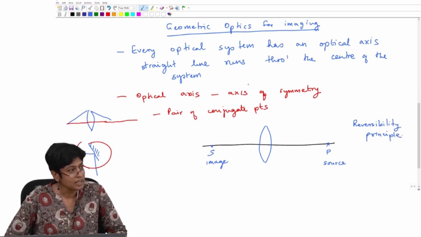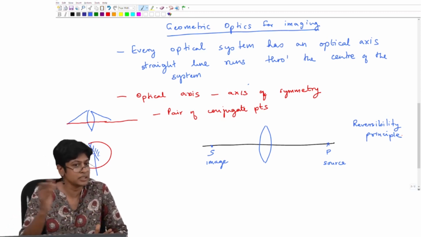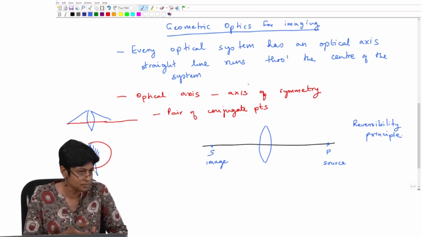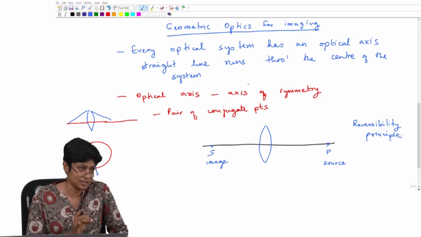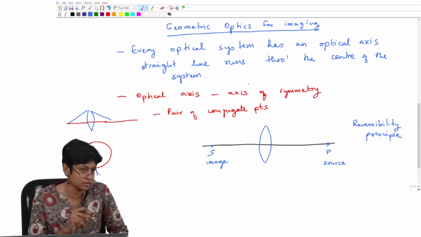Now, while the path is reversible, that means source is at S, image is at P, or source is at P, image is at S, the quality of that image need not be exactly the same. The locations will be the same, but you could design the optics such that it gives you a better image when light travels in one direction as compared to another direction.